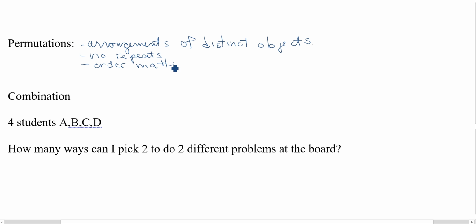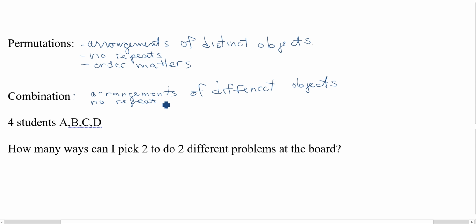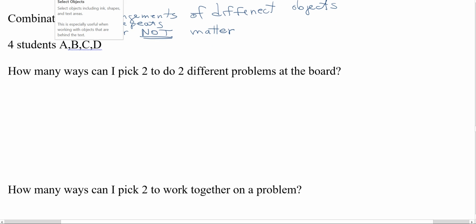And we'll look at those again in a couple minutes. Instead, combinations are arrangements of different objects, there'll be no repeats, but order does not matter. And so let's look at a couple of examples.